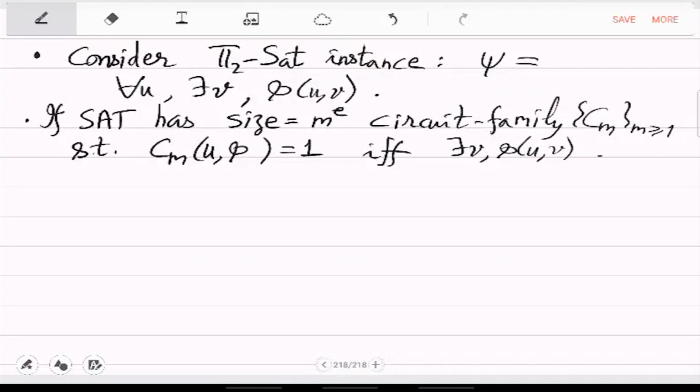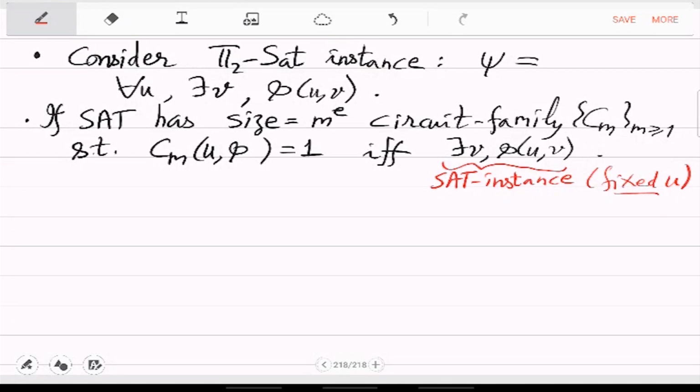So, suppose it can be solved, Cm is solving that. If we fix u, then v is the only unknown thing, whether it exists or not. So, it's a SAT instance, and the circuit Cm can solve it.